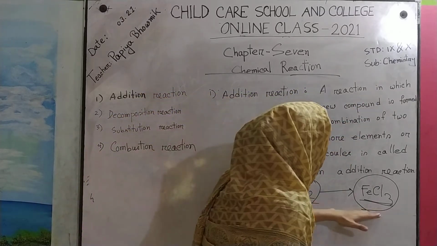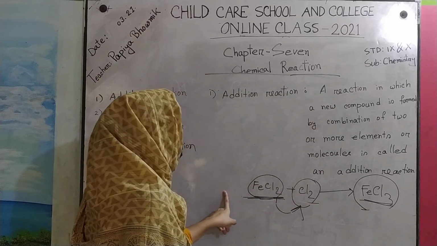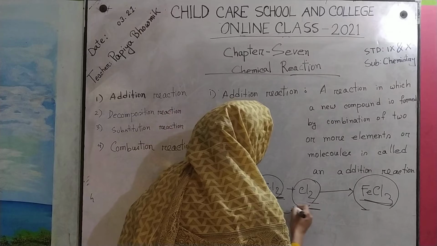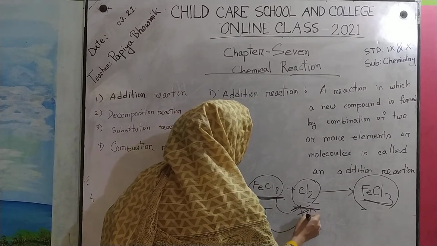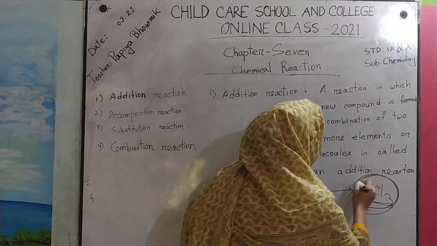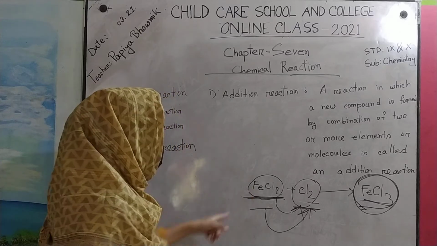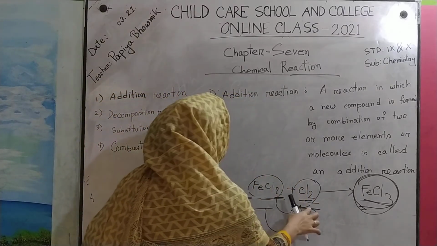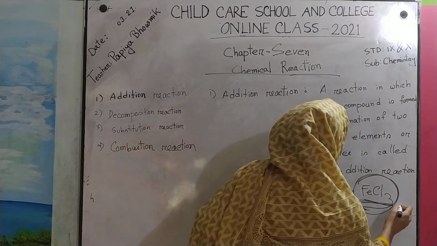formed by the combination of two or three elements. Here we can see one element and two elements combine, and we get a new compound.